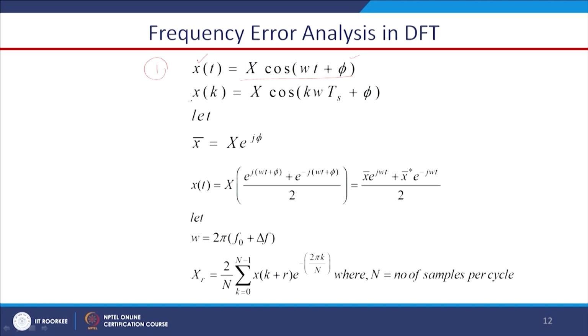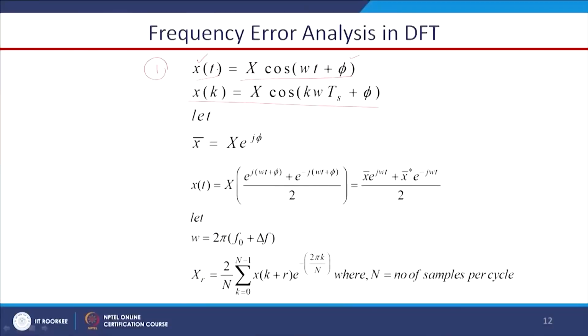And this small x(k) is the signal in the discrete domain. Small x(t) is in the analog, that is, continuous time domain, and small x(k) is the signal in the discretized time domain.